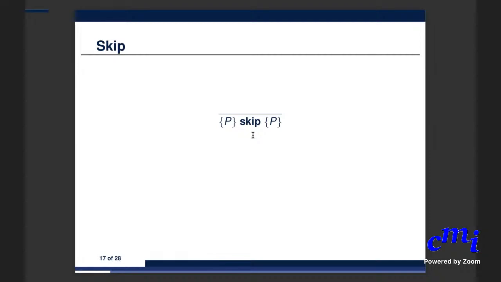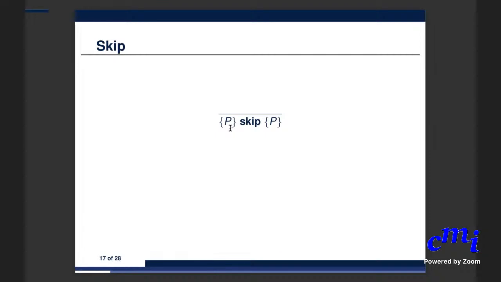So we start with skip. As you will see, these inference rules are schemas, in the sense that the pre and the post can be any predicate.